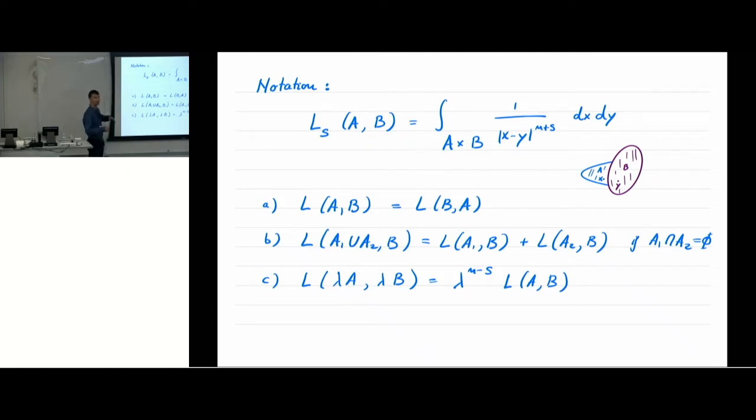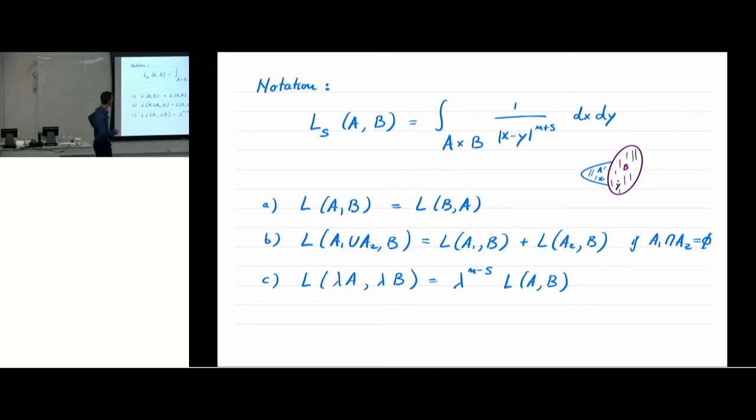You can think of it as being like a bilinear form, because it is linear in A. If I add another set to A, then L of A1 union A2 and B is the sum, so it's additive in each component.